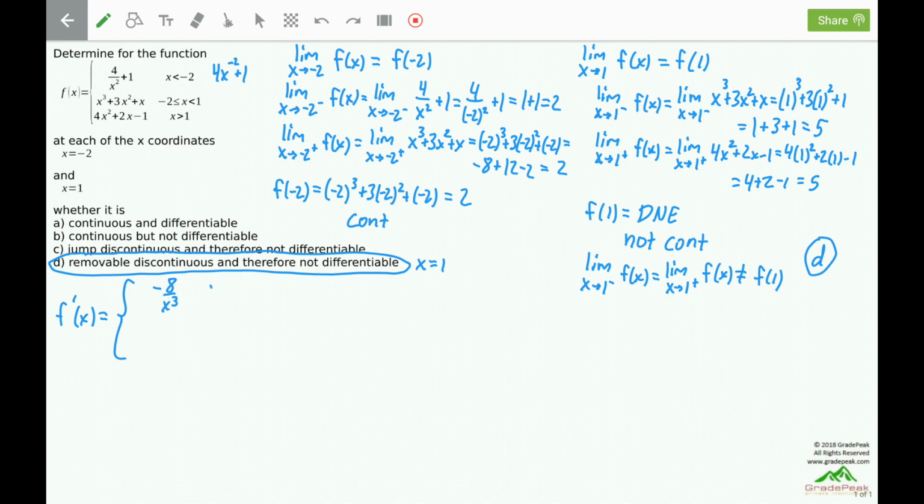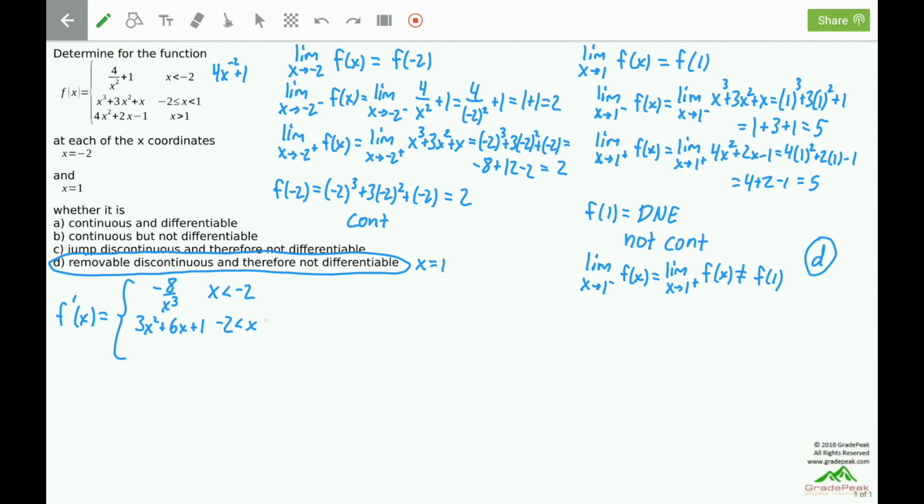And this is going to hold true for that same interval of x's less than -2. The next expression, x cubed plus 3x squared plus x, will have a derivative that will be 3x squared plus 6x plus 1. And it will hold true for the interval of greater than -2.